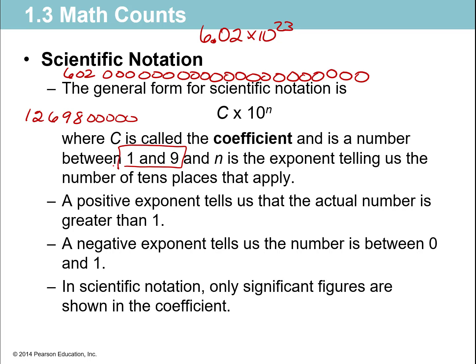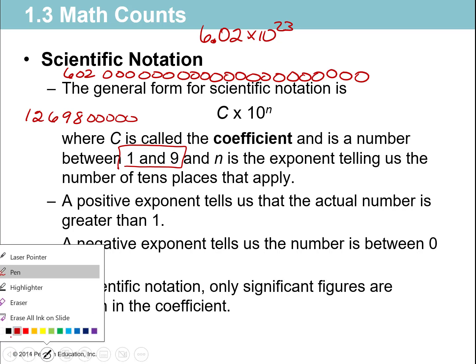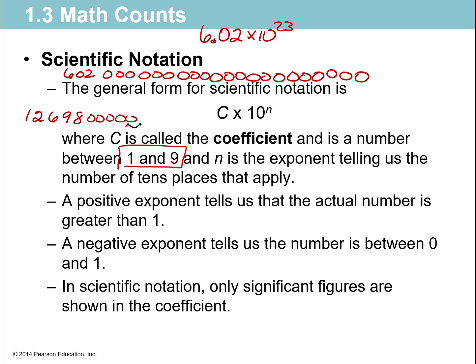So I'm going to move that decimal place to the left. How many places? My final number has to be between 1 and 9, so I've got to move it 9 places. 1, 2, 3, 4, 5, 6, 7, 8, 9.